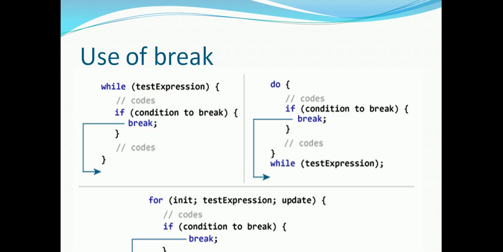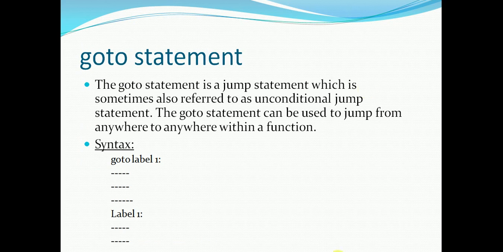Now we'll discuss the goto statement. Normally we say go to the respective shop, go to that medical shop, go to that market. That means we start the continuation of execution from here, then we move to some shopping mall, then next we go to some other destination, and next some other destination.